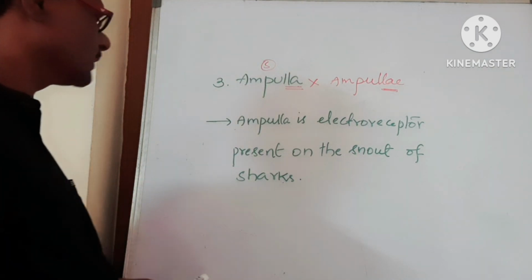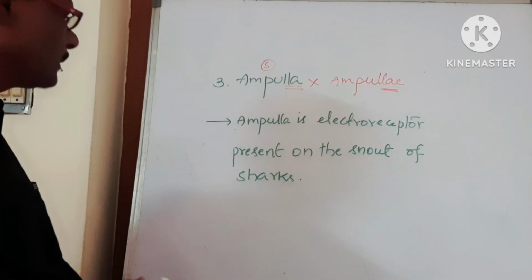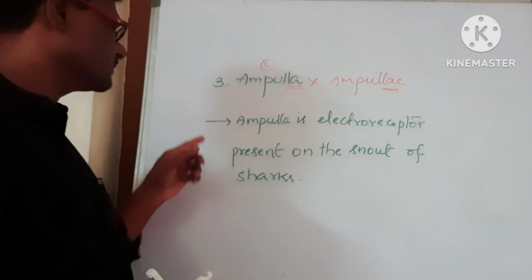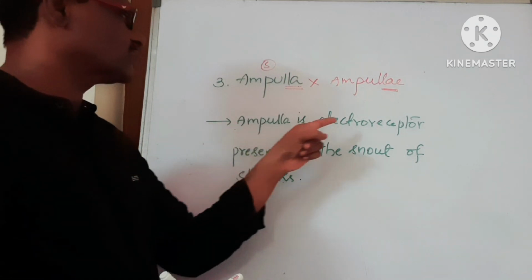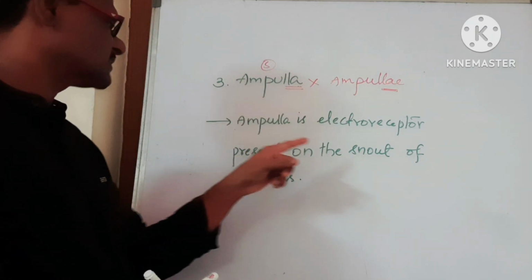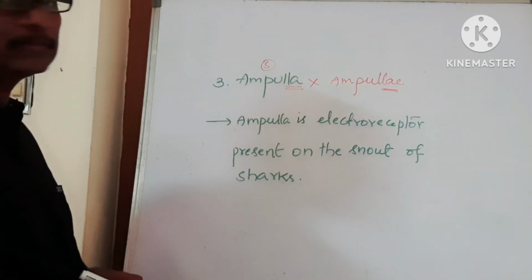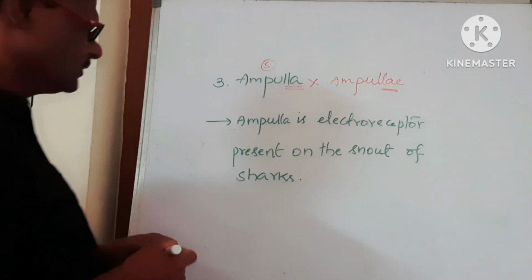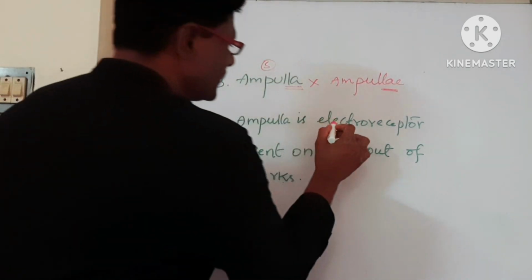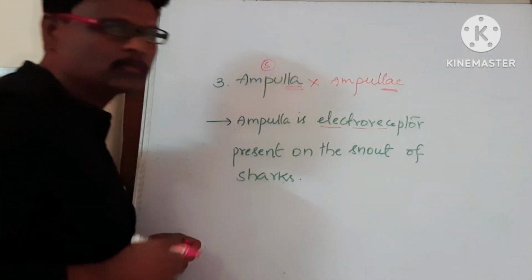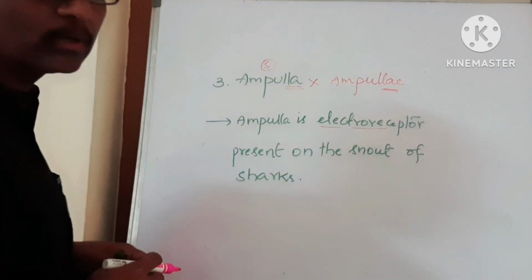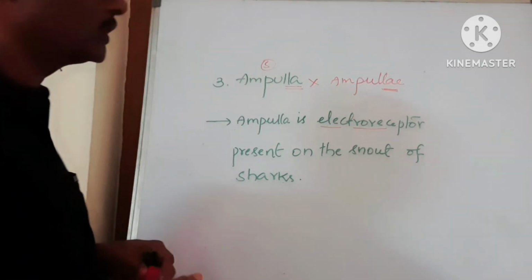So I think you have known everything. But here my intention is to explain the singular word. Ampulla is an electroreceptor present on the snout of sharks. So here only the meaning is hidden. See, an electroreceptor receives electrical fields in the marine water. What is marine water? Nothing but sea water.